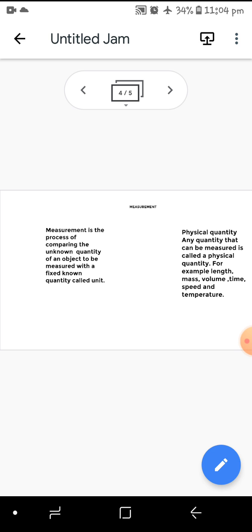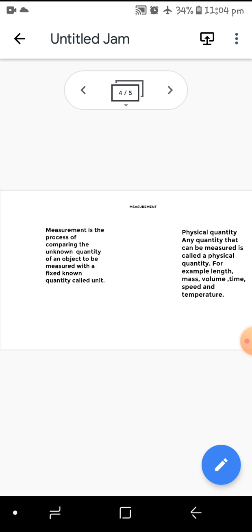So what is measurement? Measurement is the process of comparing the unknown quantities of an object to be measured with the fixed known quantities called unit. It is a very important process in science and in our daily life.